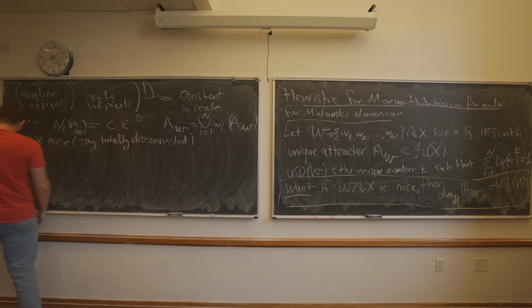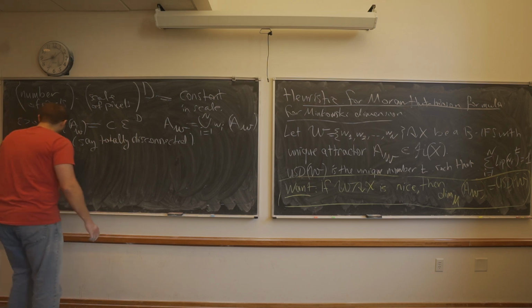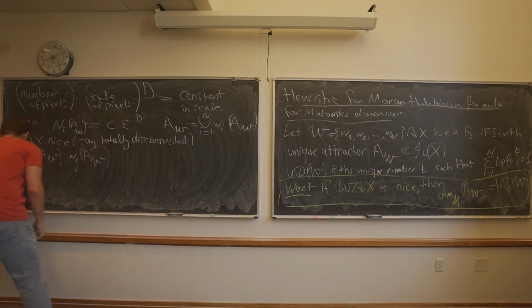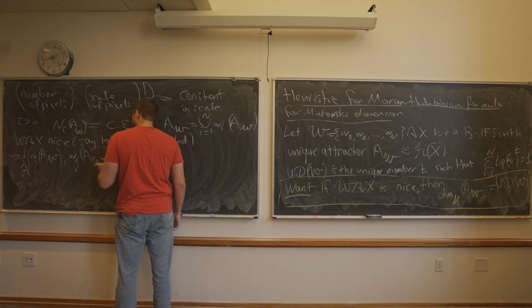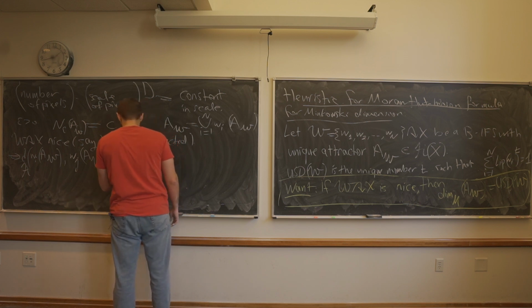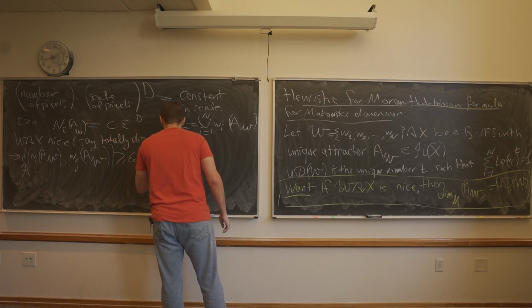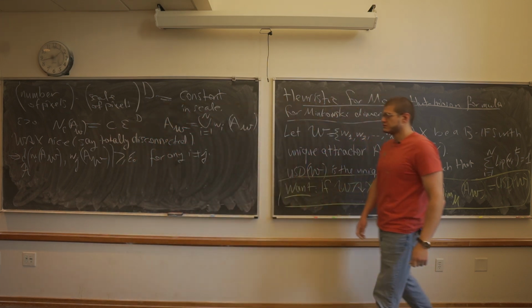That is to say, the distance between the ith image and the jth image, in the Hausdorff sense, is bounded from below by some epsilon 0 for any i not equal to j.